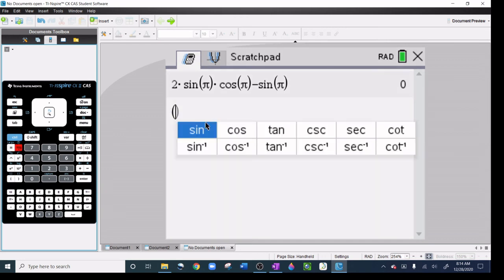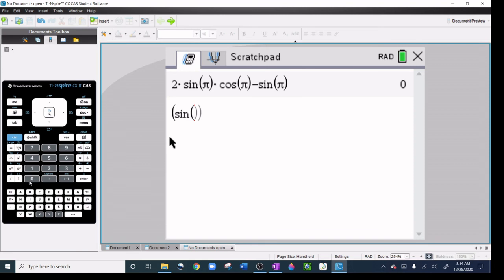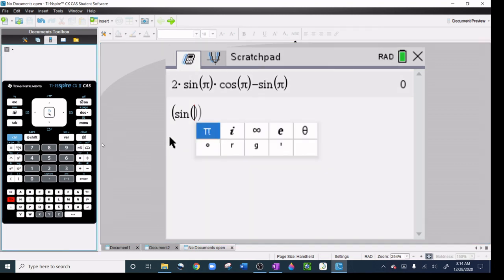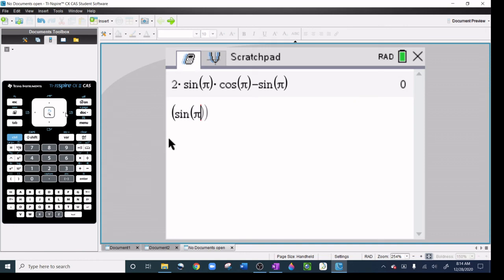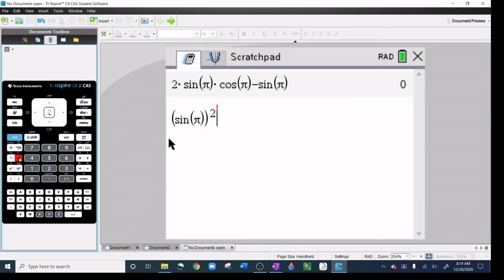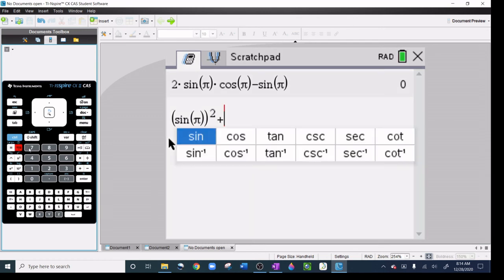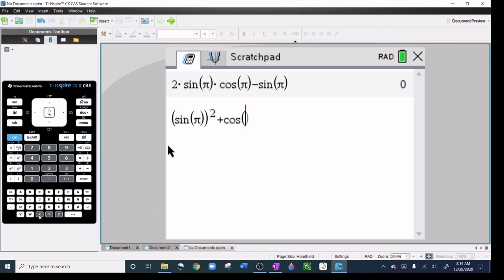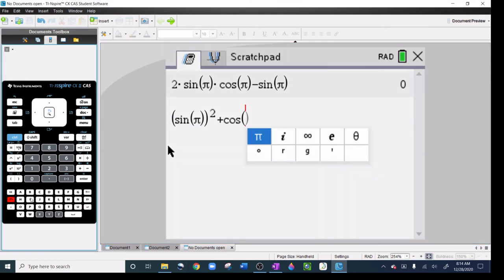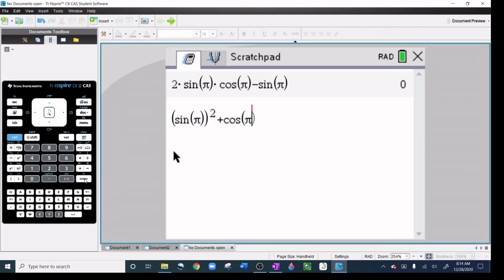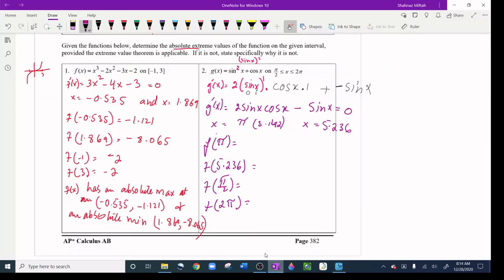Parentheses, I got sine pi, and then move the cursor, and then I have a square. Then I have plus cosine, plus trig cosine pi. Now enter. It's -1. So the pi got -1.